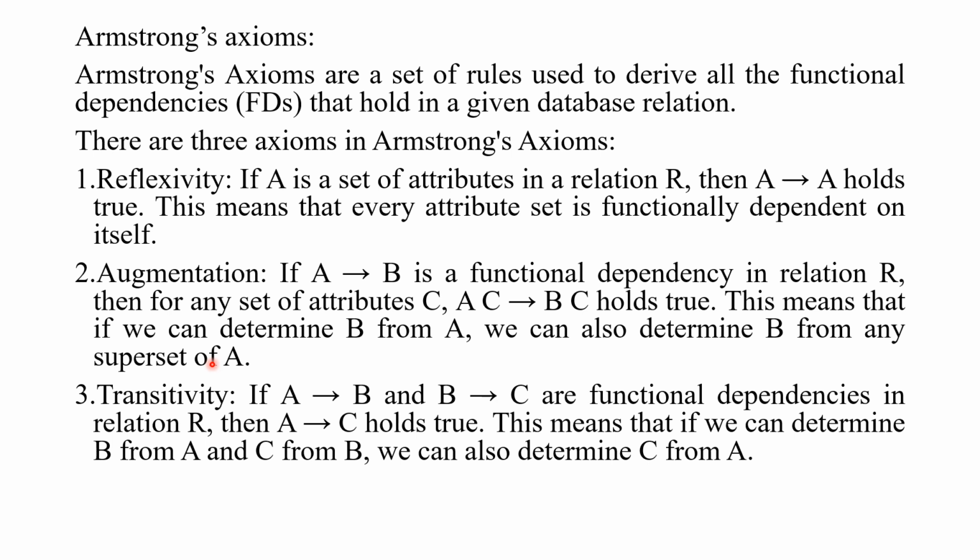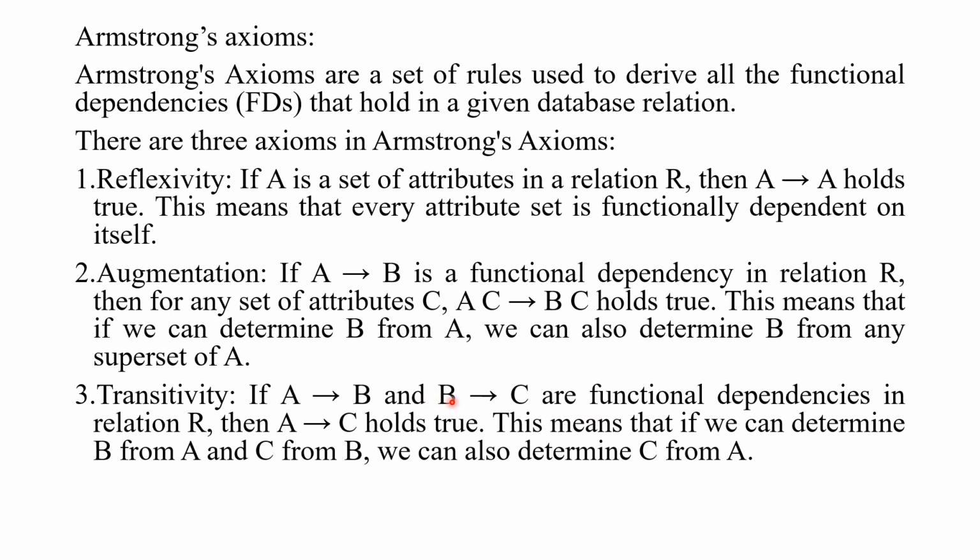Coming to the next one, the axiom of transitivity. This states that if one attribute set determines another, and the second set determines a third set, then we can infer that the first set determines the third set.